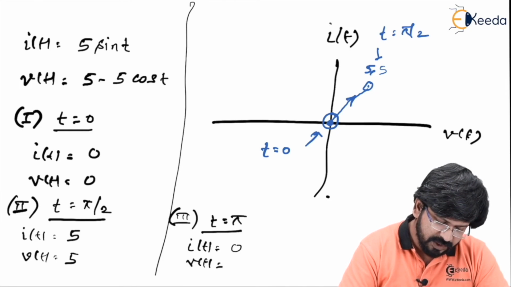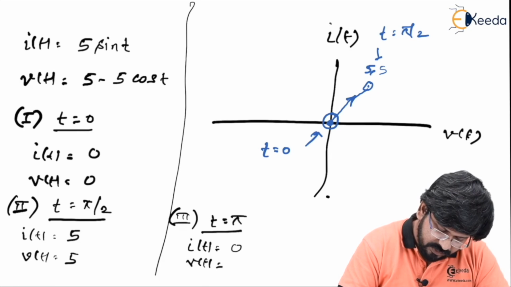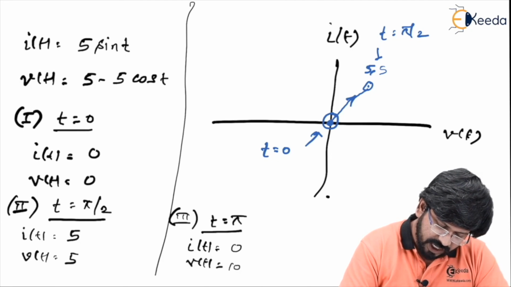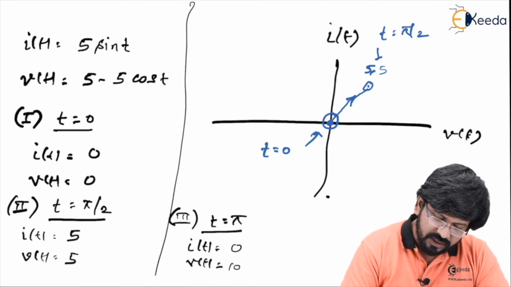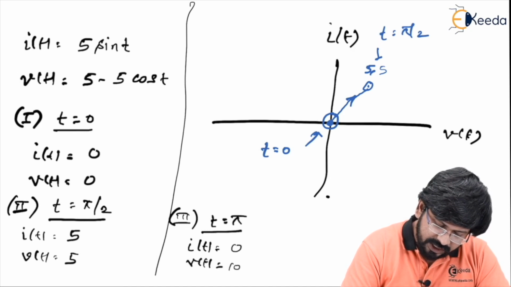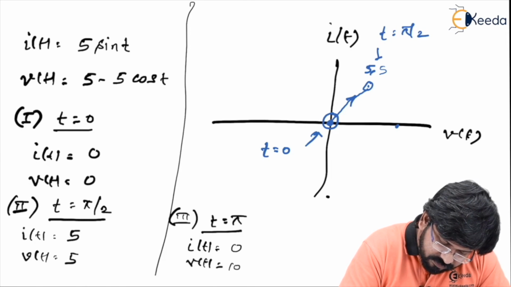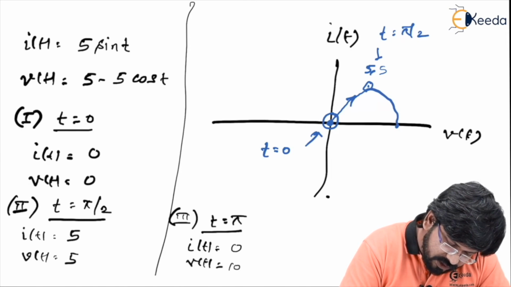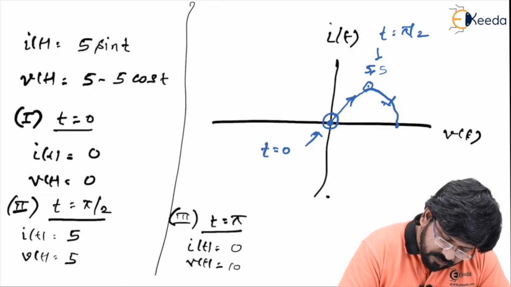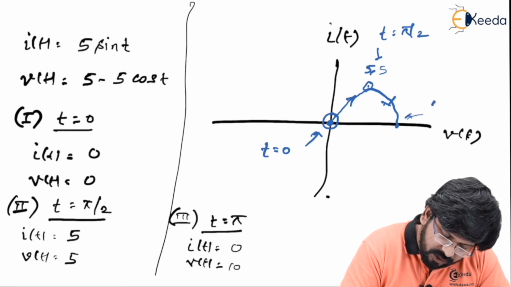Minus 1 means 5 plus 5 will become 10. So V(t) is 10, I(t) is 0. So you get this point where I(t) is equal to 0 and V(t) is equal to 10. So I'll reach over here when t value is pi.